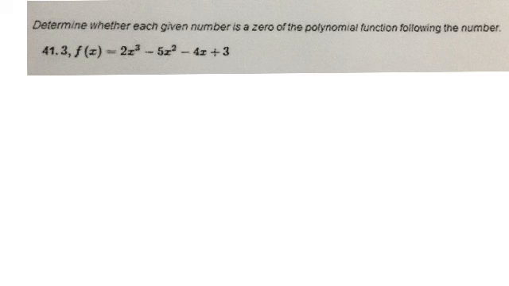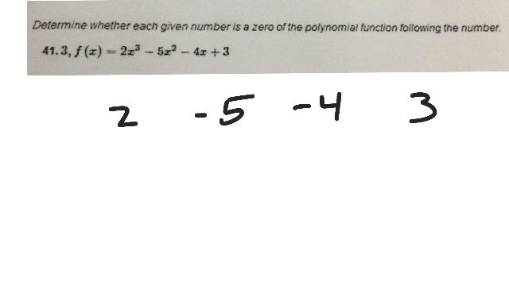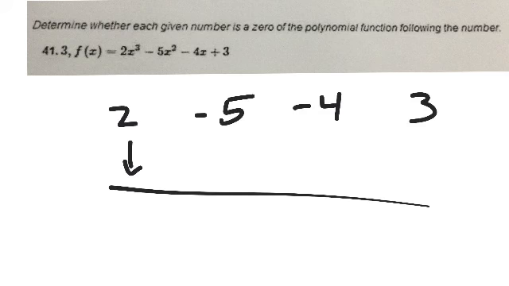So if I want to know if this function has an x-intercept at 3, we could just plug 3 in, or again, going with this chapter, this section, we're going to use synthetic division to see what we would get if we plugged in 3. Again, one of those cool features. The number up here in the box is 3. So I bring down the 2. 2 times 3 is 6.